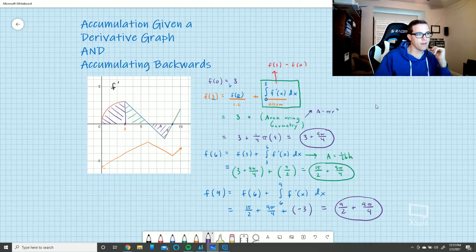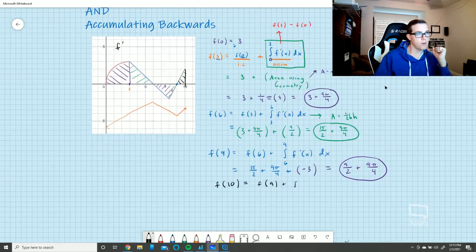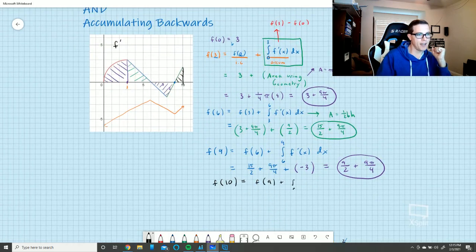And lastly, if I really wanted to, I could go all the way to f of 10. So that was kind of my goal, to get to f of 10. We have this area. We take f of 9 plus the accumulation from 9 to 10.